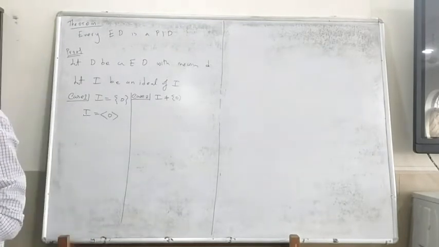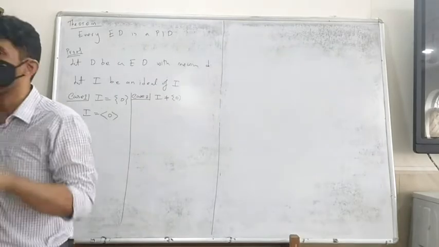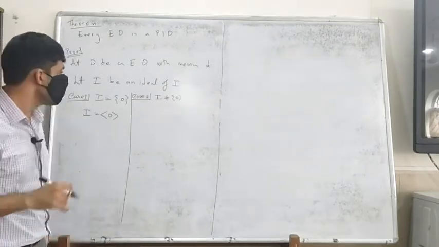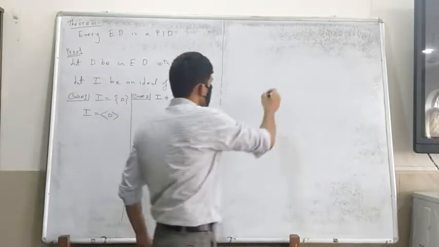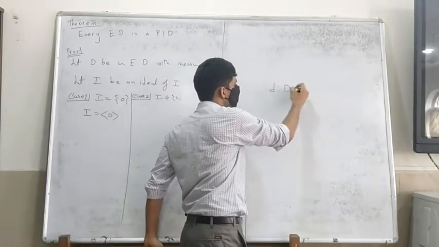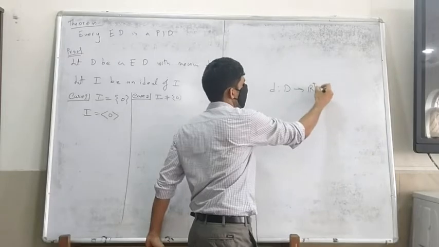I made a mistake, by the way. Just correcting something. The measure is not a function from D to R plus. Okay, this does not work.